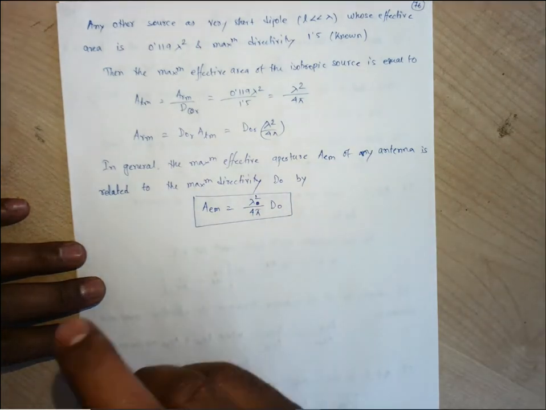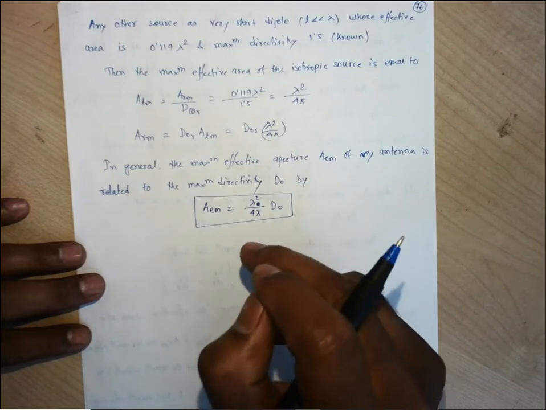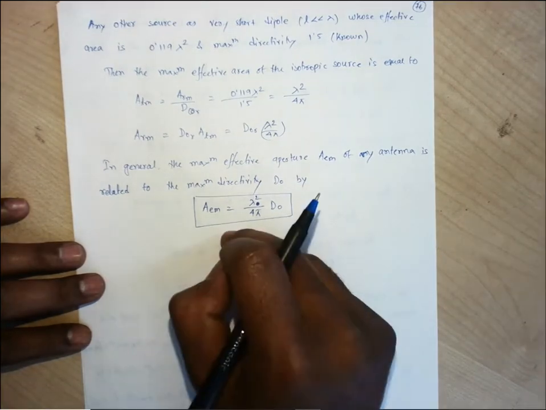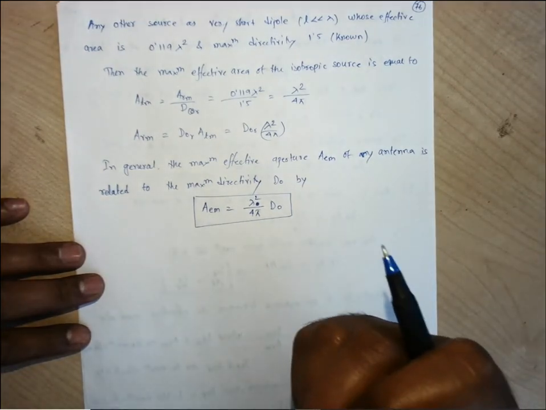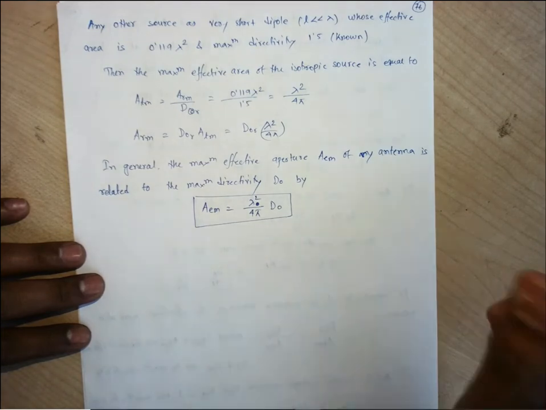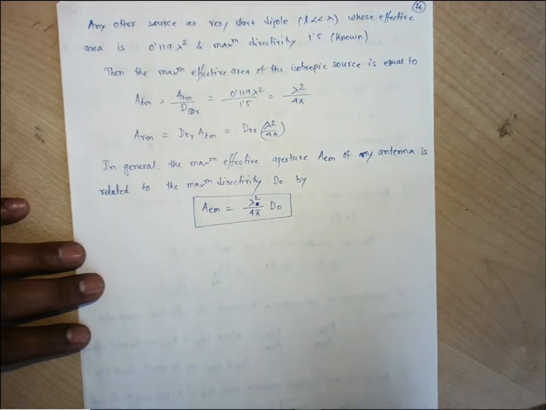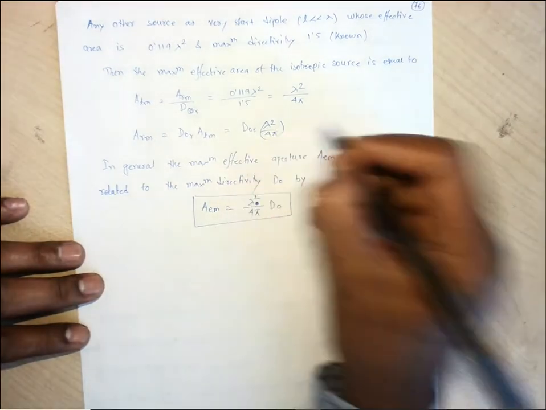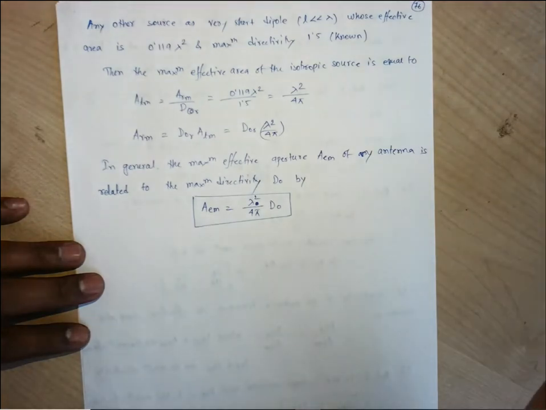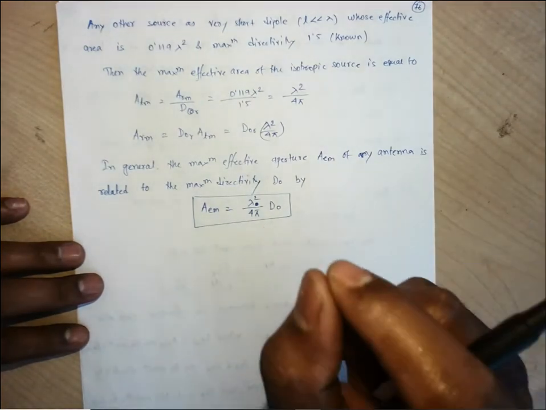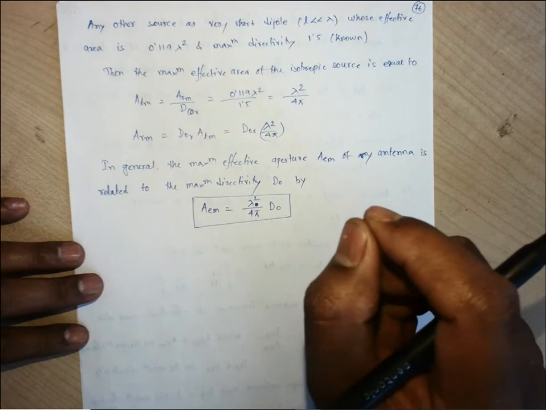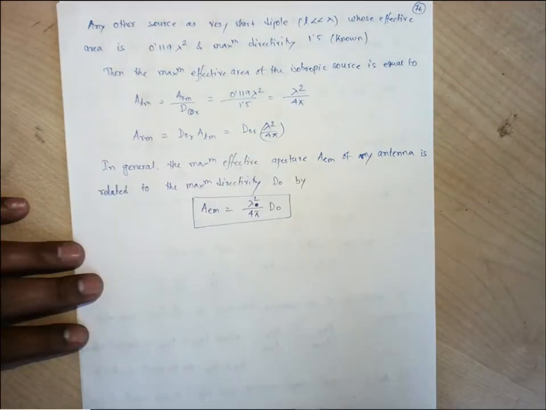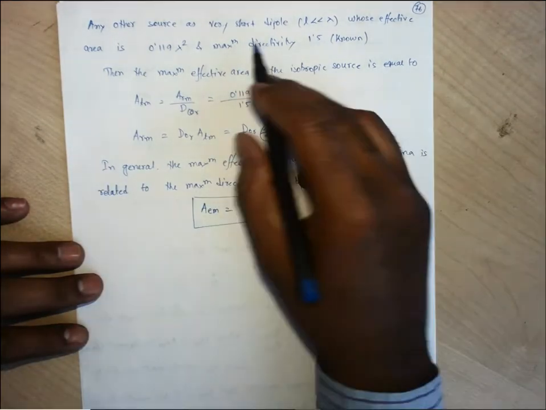So what is the consideration? The consideration is that this receiver is receiving the signal. Why? Because the transmitter which is used is radiating in almost every direction, and this lambda square by 4 pi is coming from, you can say, the basic source or base of every other source. That is a very short dipole.